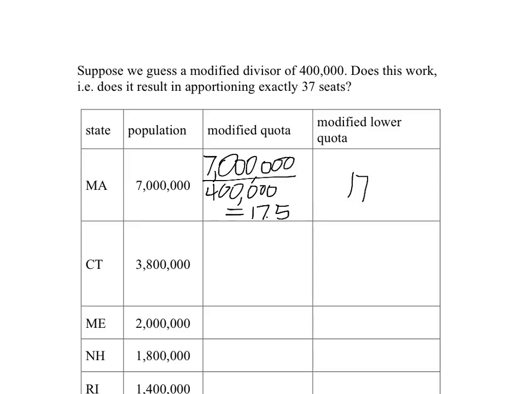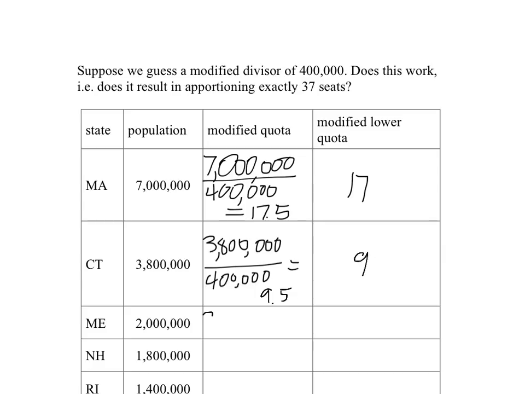Great. Let's do Connecticut also. So 3.8 million people, instead of dividing by the standard divisor, we divide by 400,000. Okay. And we obtain 9.5. Great. So the modified lower quota will be 9.